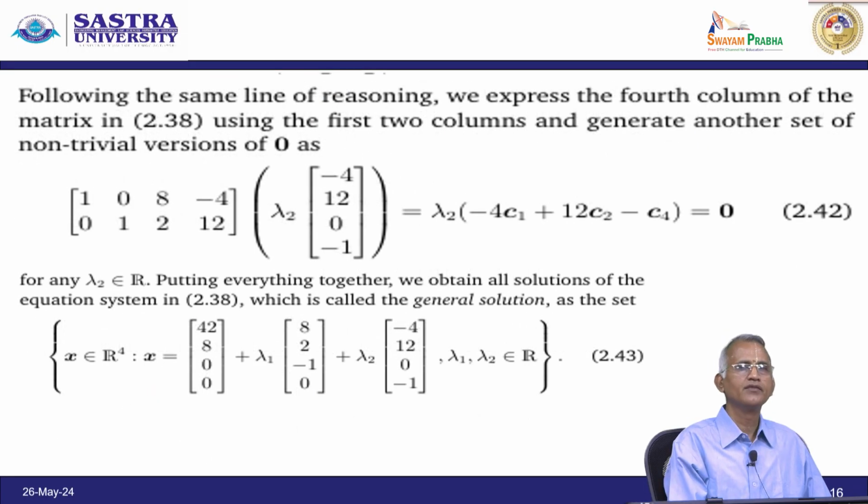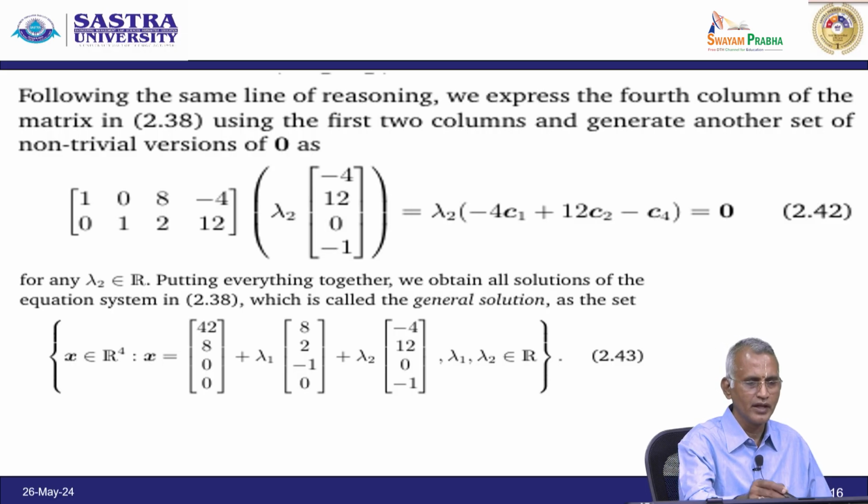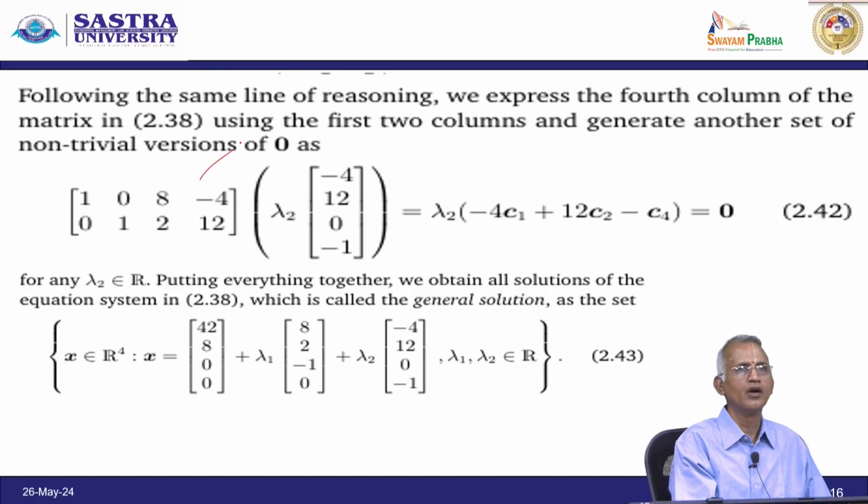Following the same line of reasoning, we express the fourth column of the matrix in 2.38 using the first two columns and generate another set of non-trivial versions of 0 as (1, 0, 8, -4; 0, 1, 2, 12) into lambda 2 into (-4, 12, 0, -1). We have lambda 2 into (-4C1 plus 12C2 minus C4) equal to 0.